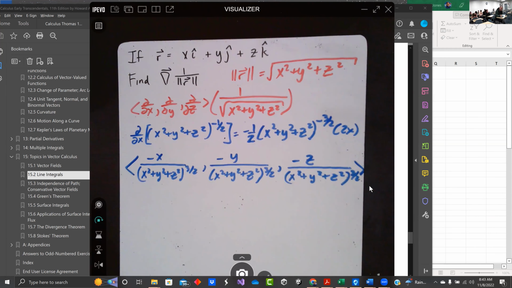Those of you in physics have seen stuff like this before. Does that look familiar? That's your gravitational force.